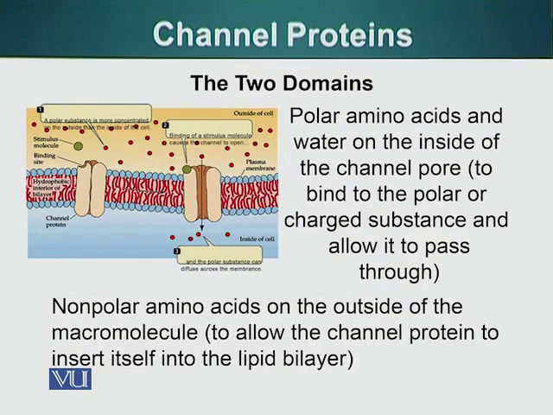Now let's look at some of the proteins that can facilitate transport across the plasma membrane. These proteins have a special characteristic to them. These proteins have hydrophobic amino acids on the outside, which allows these proteins to be embedded in the plasma membrane because they have to interact with the hydrophobic domain of the lipid molecules.